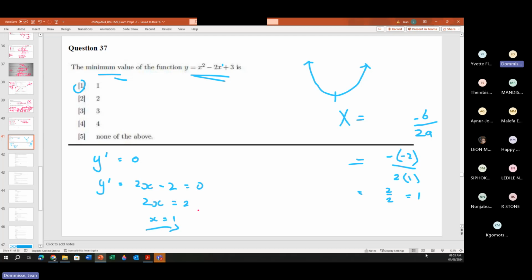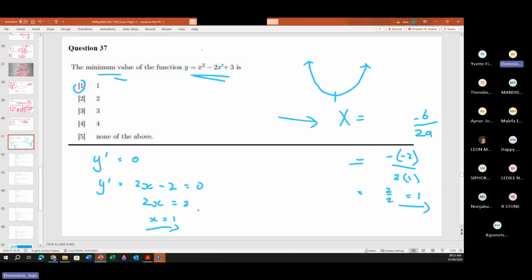Okay, so again, you can see 2 ways to work it out. Because it was quadratic, we can use this x equals minus b over 2a.